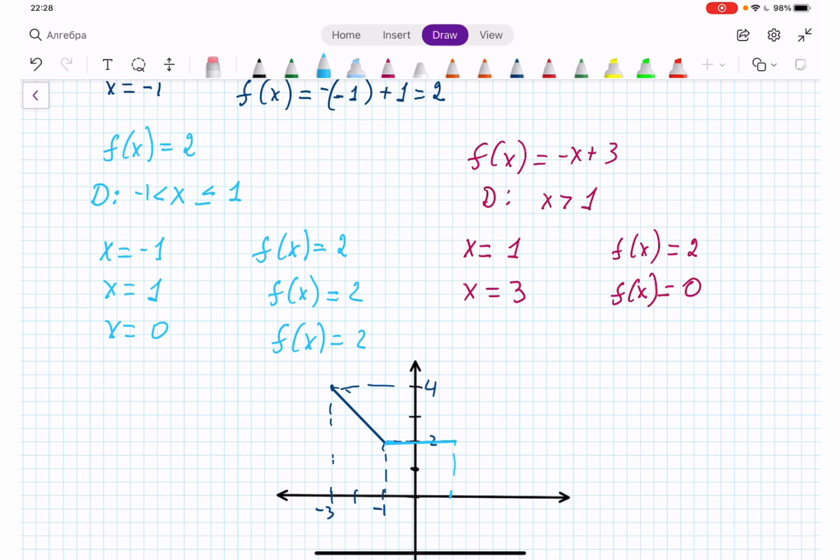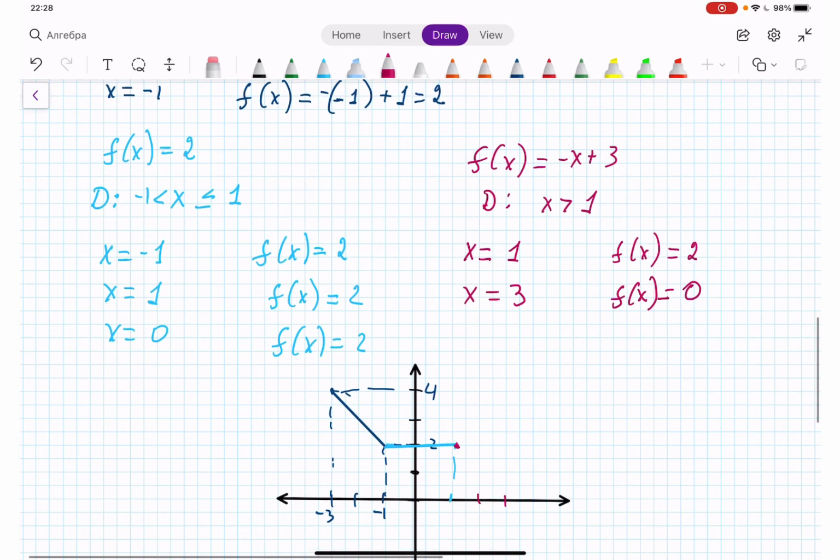And the third one is going to be domain x greater than 1. So it will start from 1 and go greater than 1. Let me take the color. So when x is 1, f of x is 2. Okay, so it's starting from here. x is 3, 1, 2, 3, f of x is 0. Okay, and is it included or not?